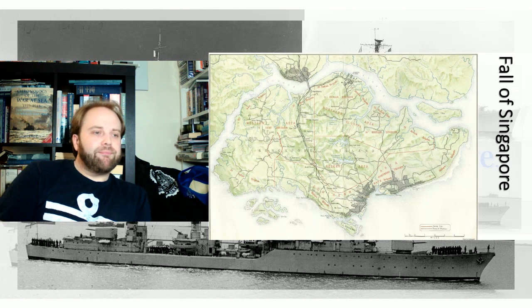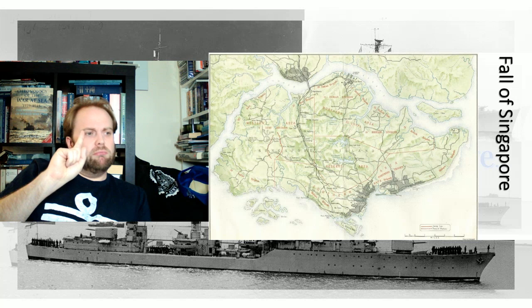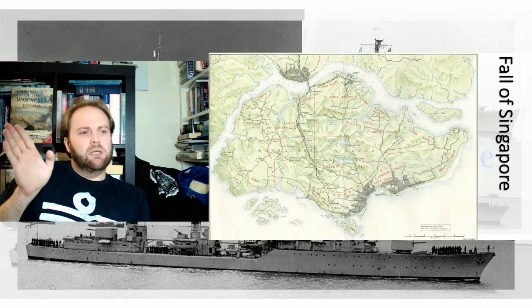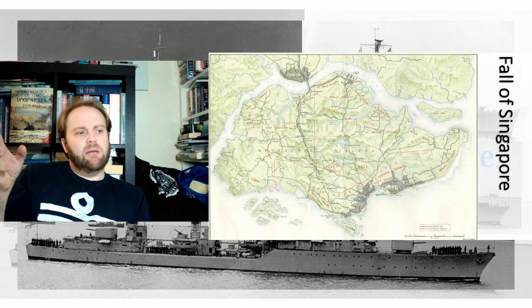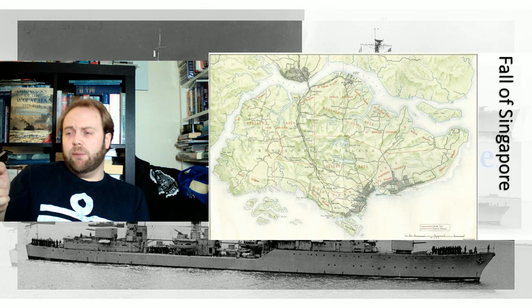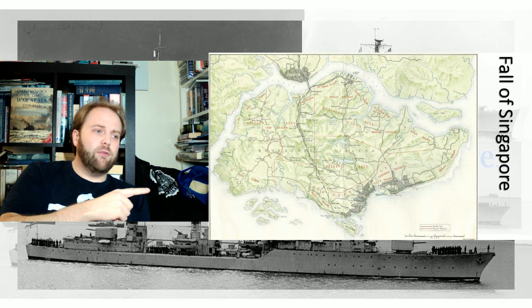Anyway, so this is Percival's plan for defense of Singapore. And he thinks the Japanese are going to come in the northeast because that's where he sees their moving forces. And so he thinks, the enemy's moving that way, so that must be the way the enemy's coming. And then the enemy, of course, come from the northwest.